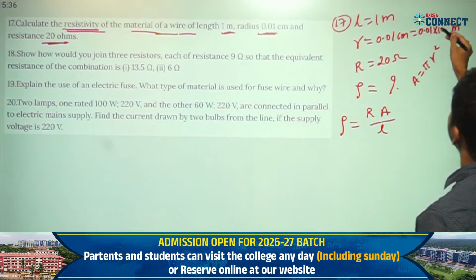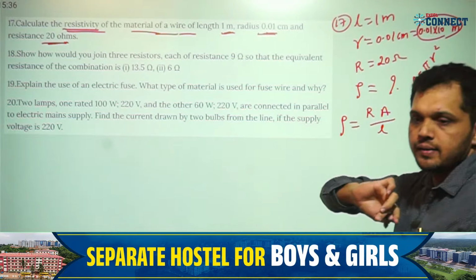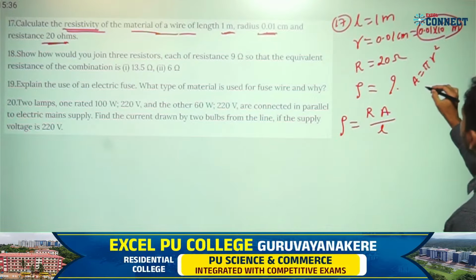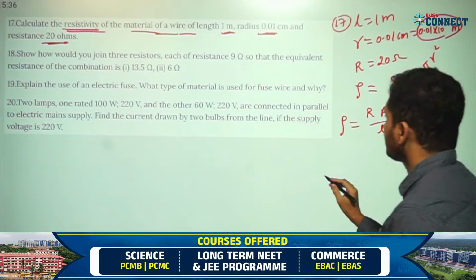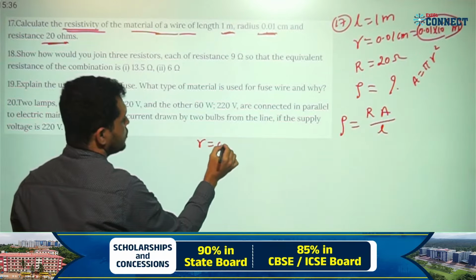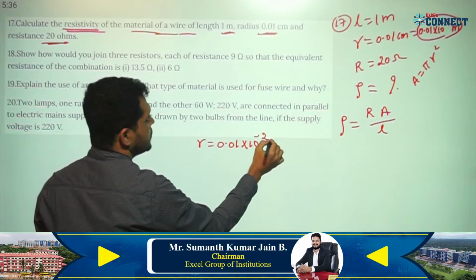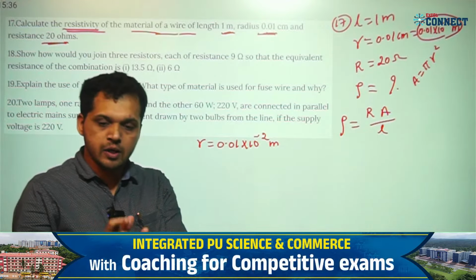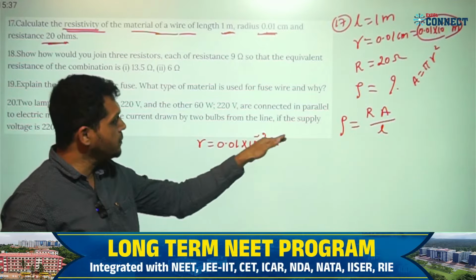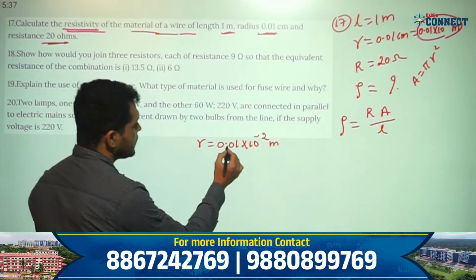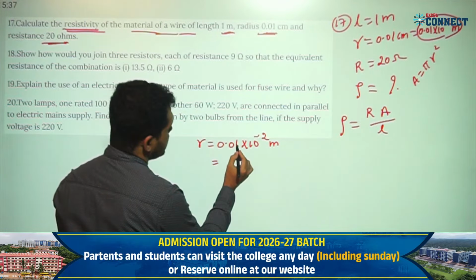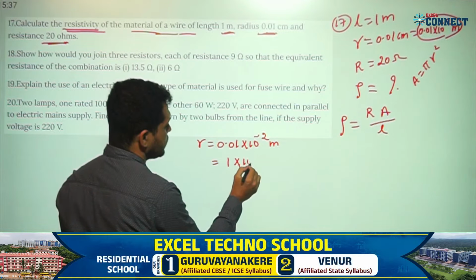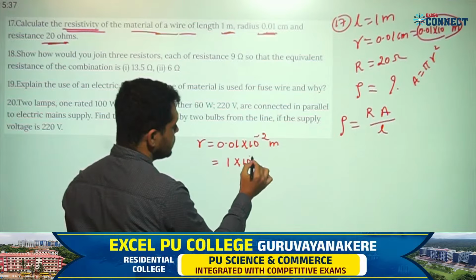I'll write the radius conversion as 0.01 into 10 power minus 2 meter. For simplification, in all questions we have to convert this, so that you can easily square or multiply. 0.1 means 10 power minus 2, and I can write this as 1 into 10 power minus 4 meter.